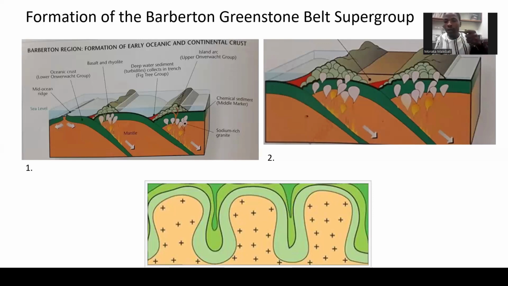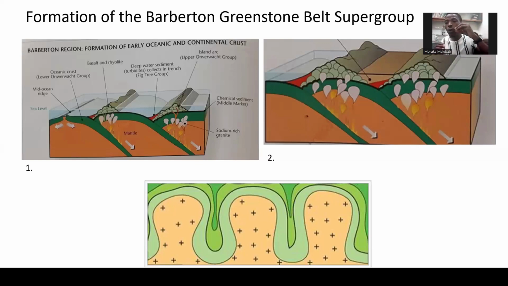But because these sediments have some pore spaces, which trap water, the heat is no longer playing a major role as this oceanic crust, together with the layer of iron oxide and silica, is being subducted.